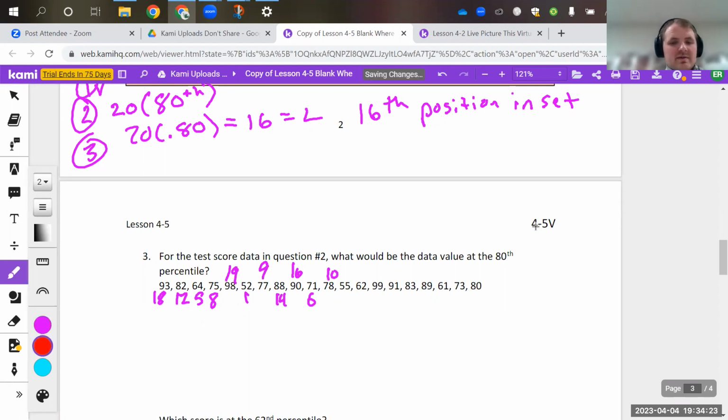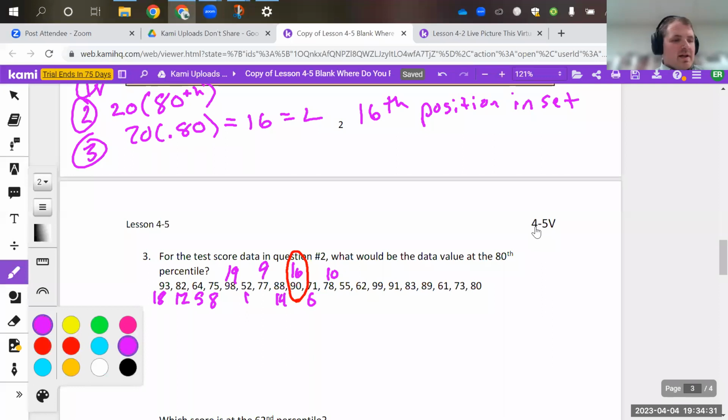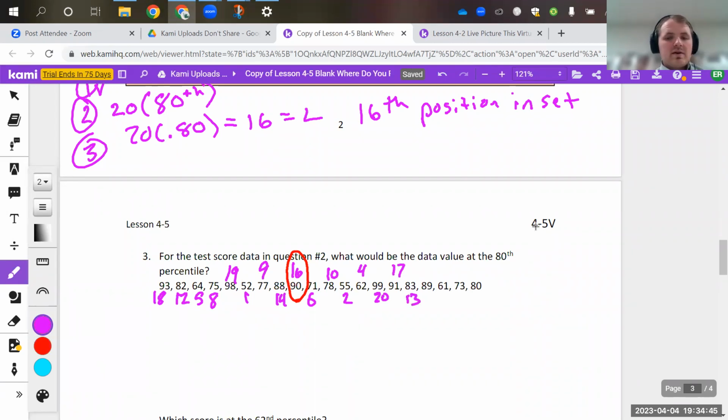Hopefully you're seeing what I'm talking about here, that instead of ordering it out one by one, I'm just going through. 55 was the second lowest, 64 was the fourth lowest, 99 was the 20th, so that was the highest score. 17 is 91, 13, 15, 3, 7, and 11. Thanks for being patient there.